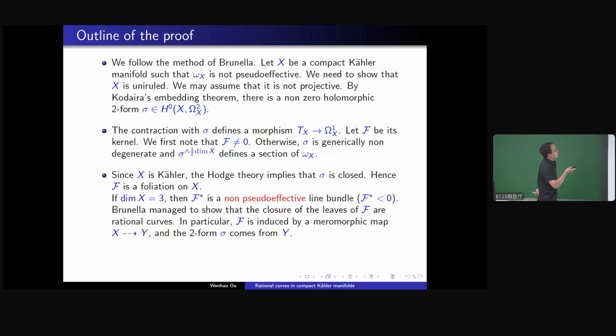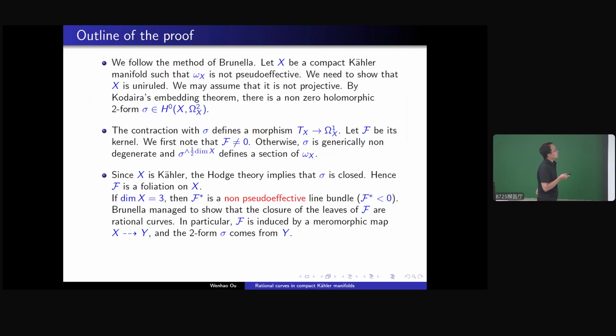Now, if it is not projective but Kaehler, by Cordella's embedding theorem, there is a non-zero holomorphic two-form sigma globally on X. Now we can consider the contraction with sigma.